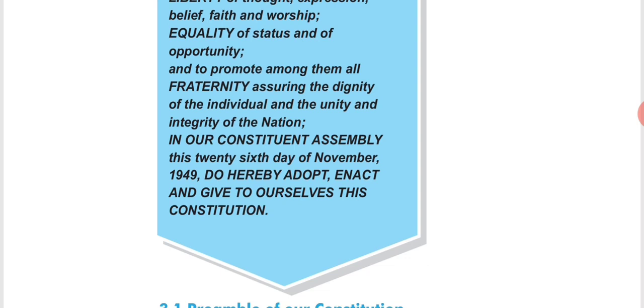Implemented means it came into force, it actually started working, it was enforced.